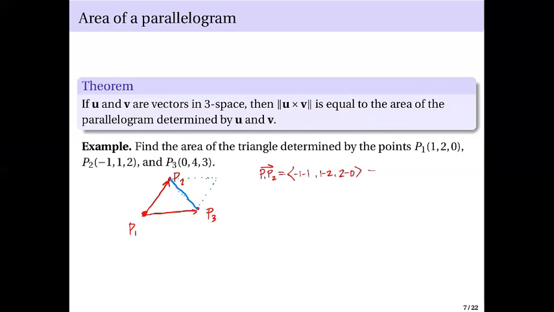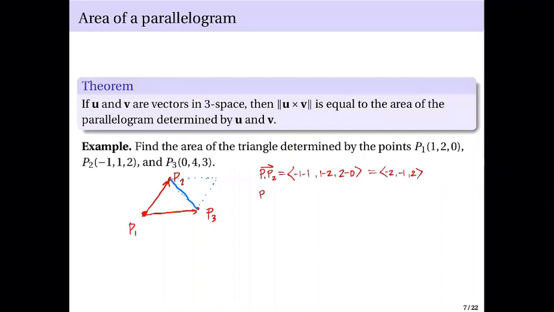We simplify this. We have negative 2, 1 minus 2, that's negative 1, and then 2 minus 0, that's 2.